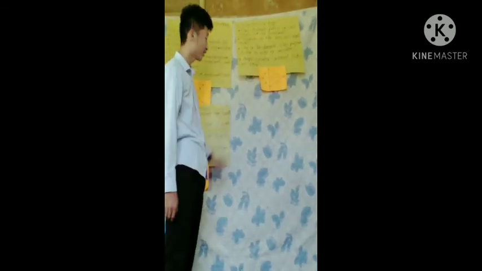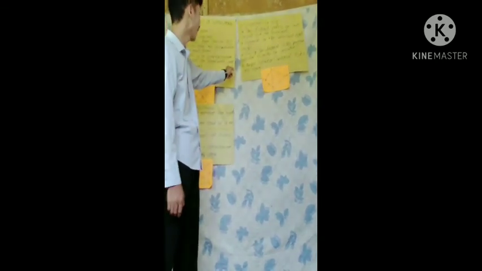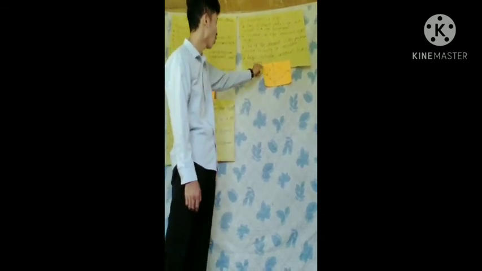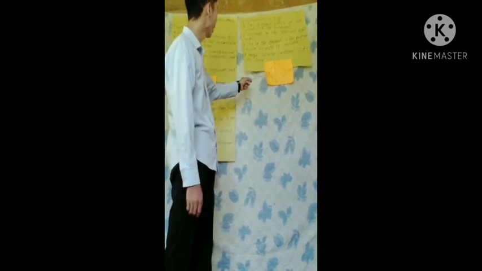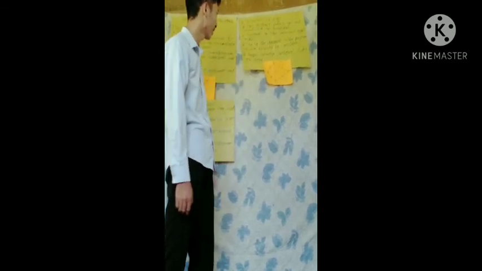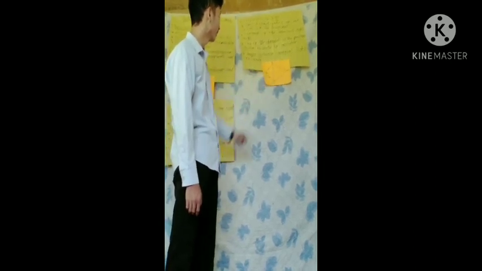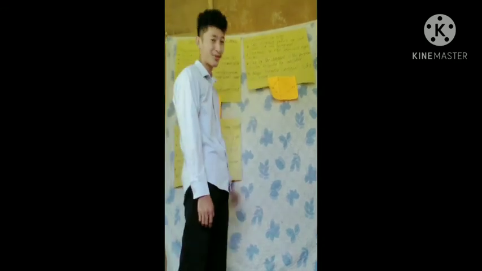Let's proceed to the third property of a kite. One of the diagonals is the perpendicular bisector of the other. When we draw the diagonals, they bisect each other; one diagonal is the perpendicular bisector of the other.